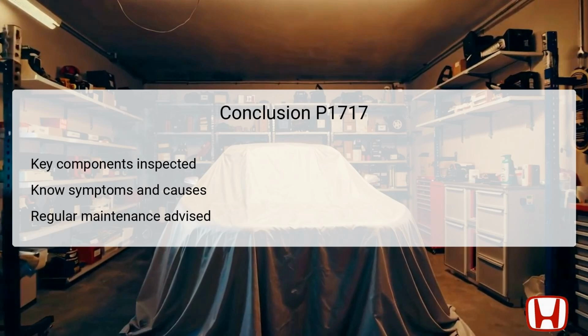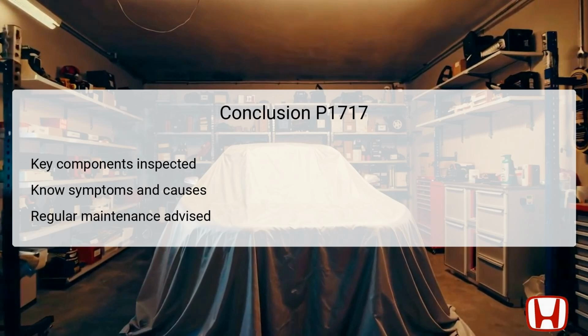By understanding the roles of the transmission range switch and TCM, as well as the criticality of their proper functioning, technicians and owners alike can be proactive in maintaining vehicle health. Recognizing symptoms early on, such as issues shifting into reverse or illumination of the check engine light, can lead to timely diagnosis and repairs.